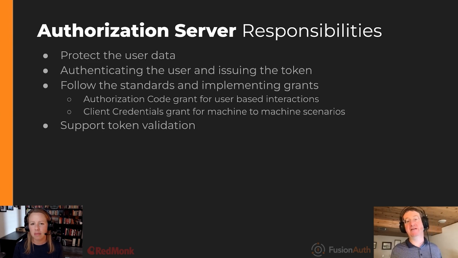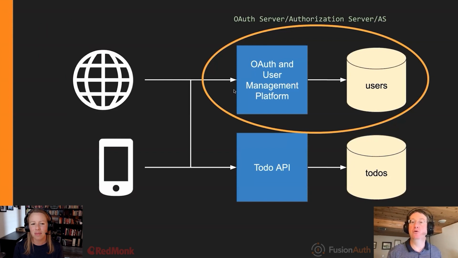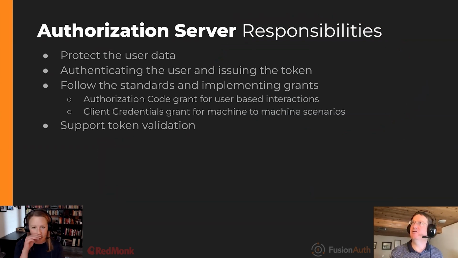And our real recommendations for the particular grants that are laid out in the standards are these. Let me take a step back. Grants are just workflows where it's been standardized how the flow moves between the client and the OAuth server, the authorization server, and the to-do API or the resource server. Those are all called grants, and there's maybe 10 or 12 of them that have been codified in the OAuth world.